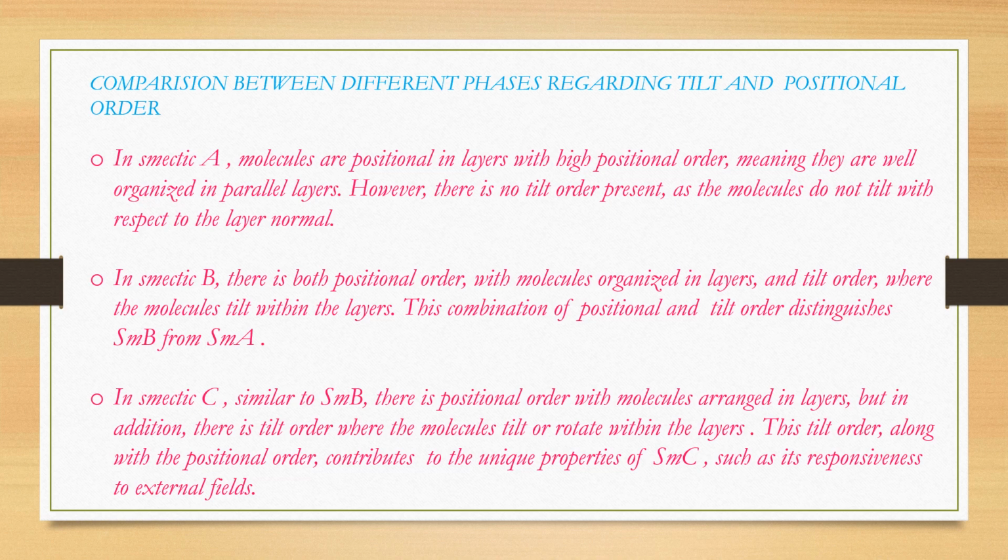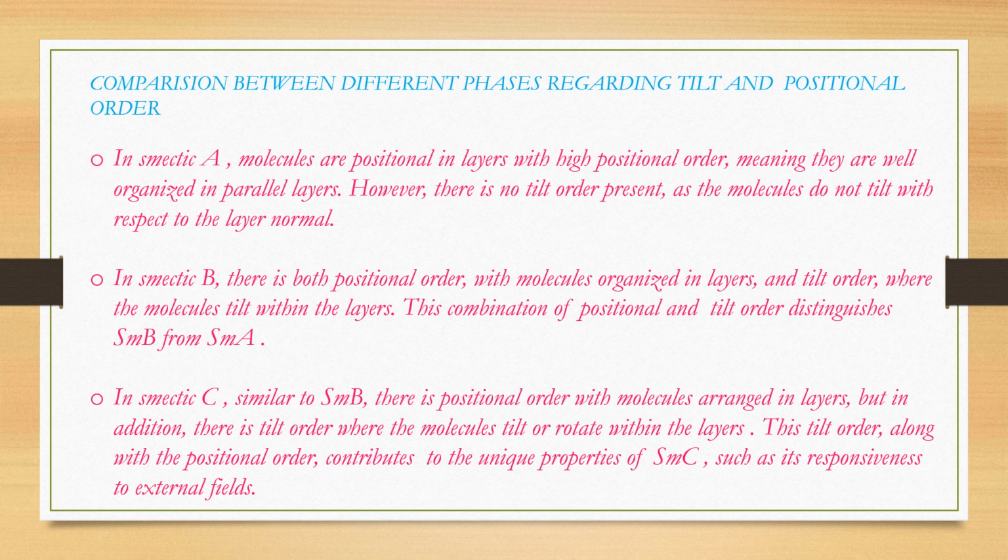In smectic A, molecules are positioned in layers with high positional order, meaning they are well organized in parallel layers. However, there is no tilt order present as the molecules do not tilt with respect to the layer normal. As I already said, in smectic A, there is no tilt present.